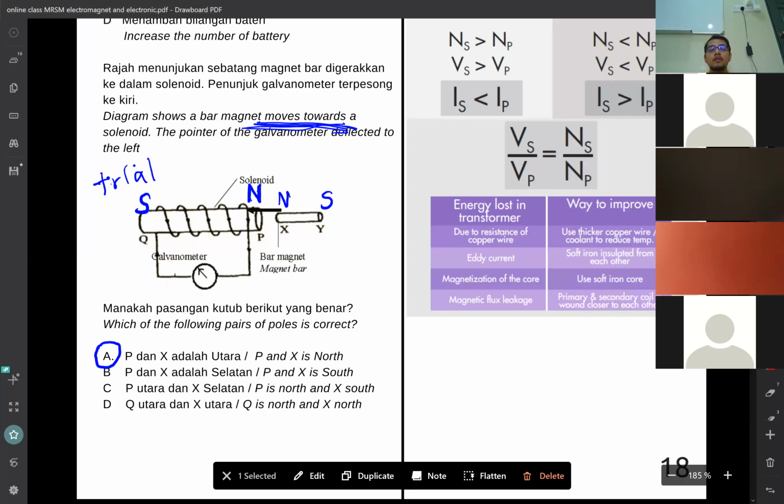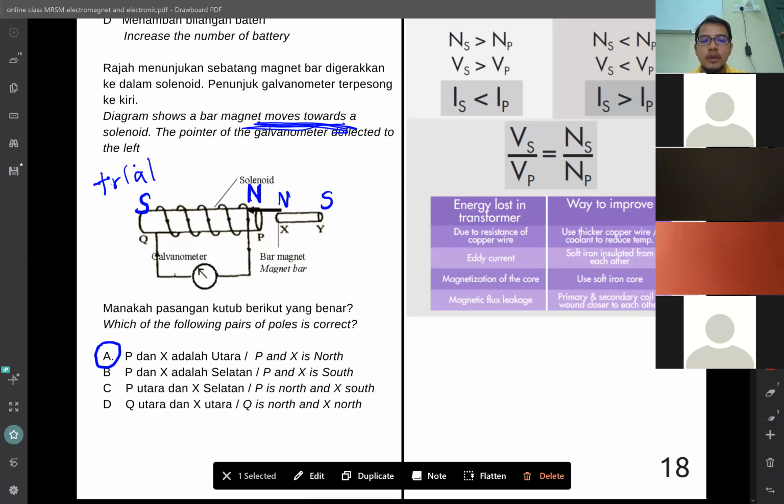Okay, this is from your previous trial. I don't remember which year. So the very basic is what I've taught you previously: first you need to determine the pole. First, you need to see the direction of the magnet move, either towards or away.